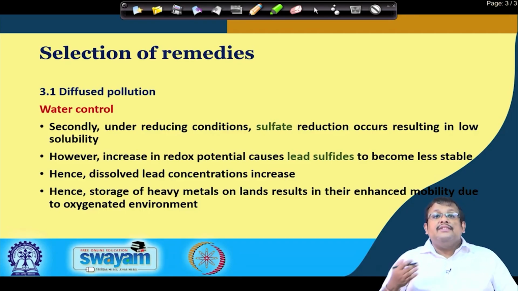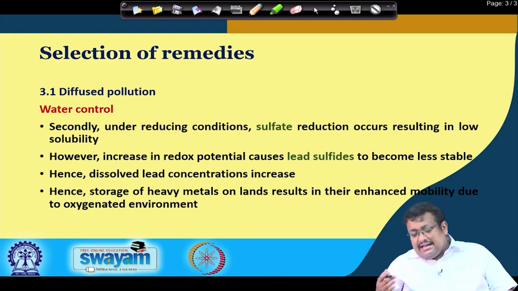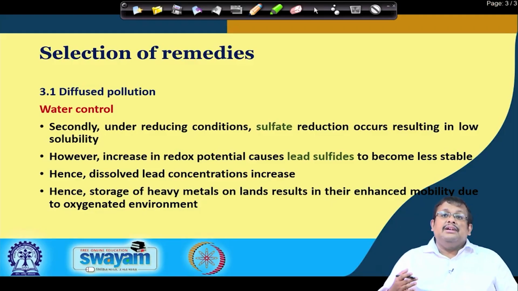So, the enhanced mobility of heavy metals stored on lands due to the oxygenated environment can be explained by the change in their Eh or redox potential. This is how the redox potential influences the mobility of different heavy metals and pollutants in the soil.